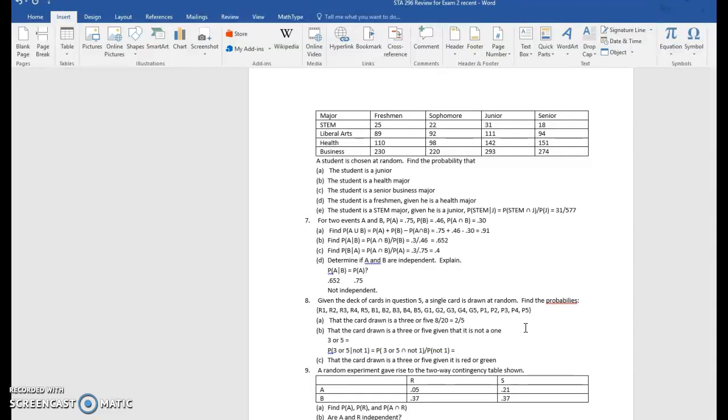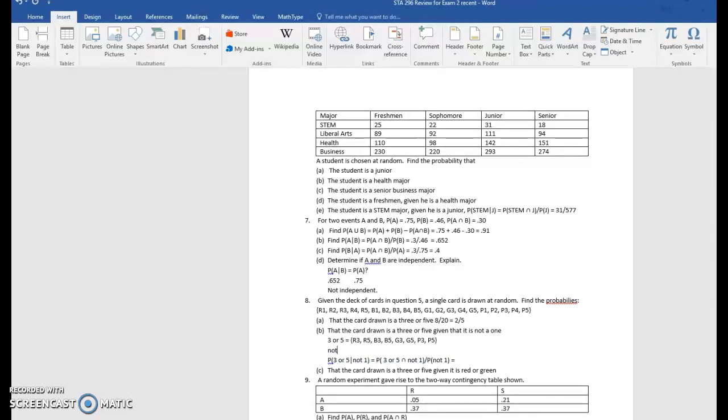That is going to be red 3, red 5, blue 3, blue 5, green 3, green 5, purple 3, purple 5.